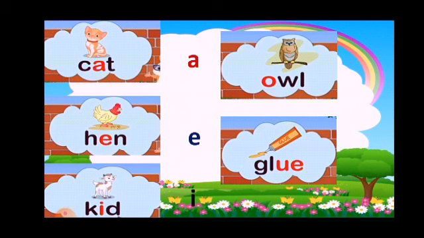O-W-L. Here O is vowel, owl. G-L-U-E, glue. Here U and E are vowels. So, understood students? The special letters A, E, I, O and U are called vowels.